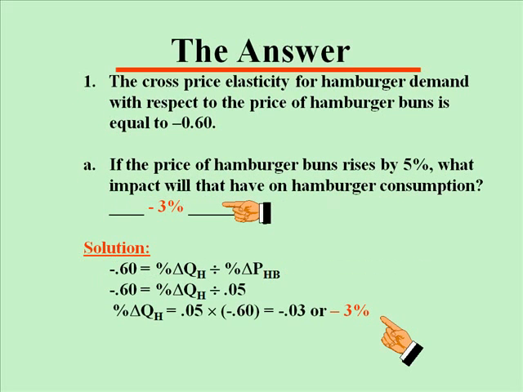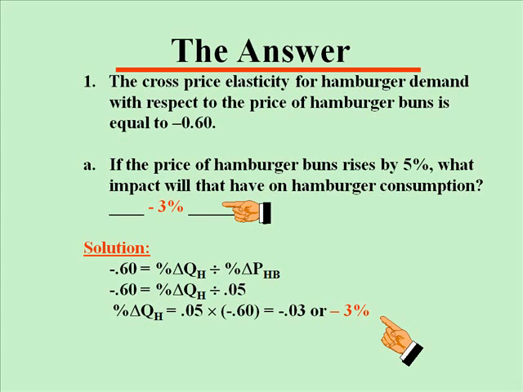So you'll have negative 0.6 equals the percent change in the quantity of hamburgers divided by 0.05. Once again, in order to get the percent change in quantity by itself, you need to multiply both sides of your equation by 0.05, and you'll end up with negative 0.03 or 3%.